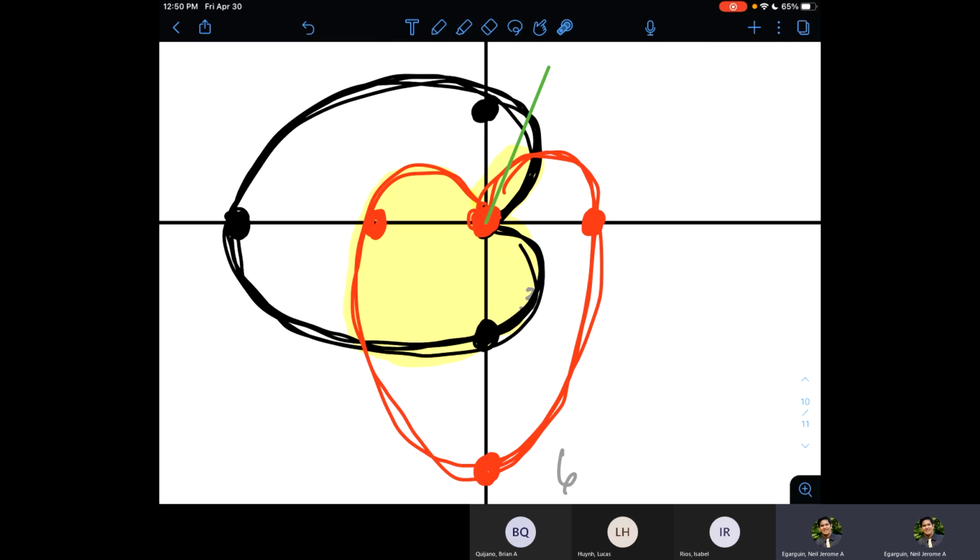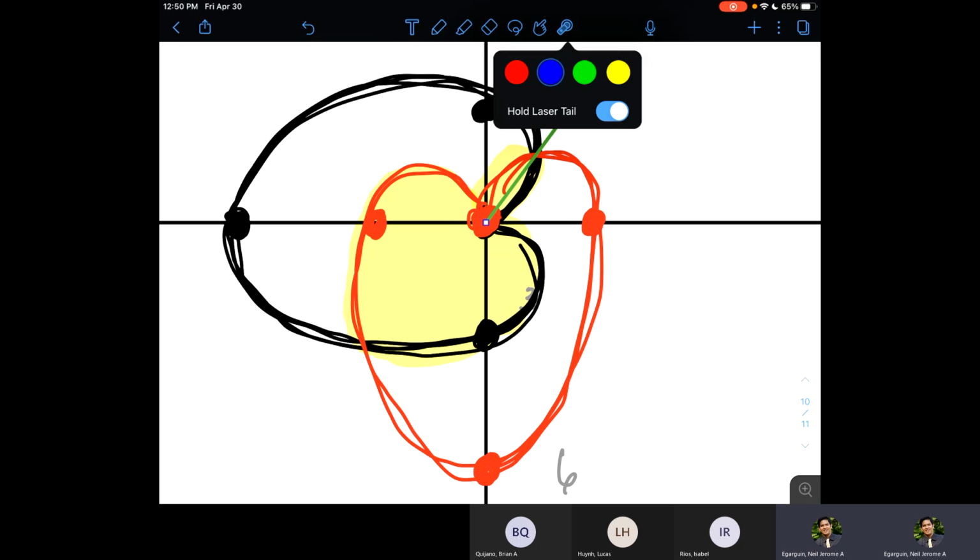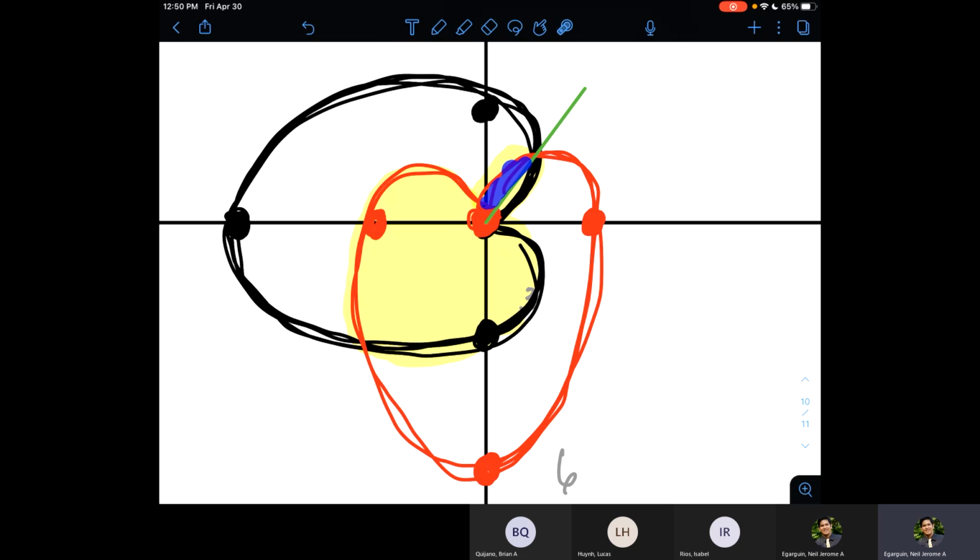So what I'll do here is, actually I can also use symmetry and say that this region is symmetric to this region. So I just need to integrate from here until there and multiply my answer by 2.